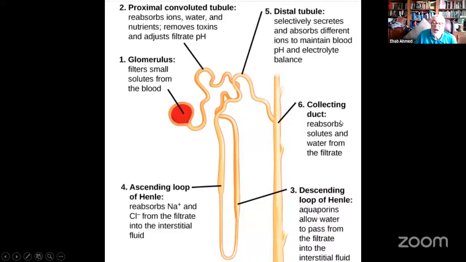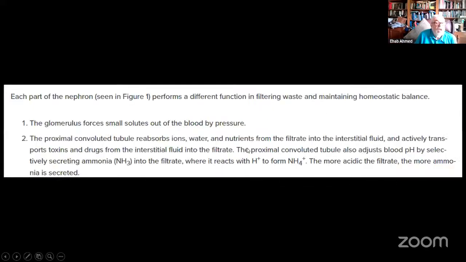And the collecting duct reabsorbs solutes and water from the filtrate. So the glomerulus forces small solutes out of the blood by pressure. The proximal tubules reabsorb ions, water, and nutrients.